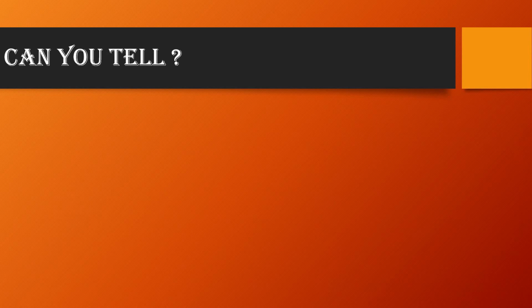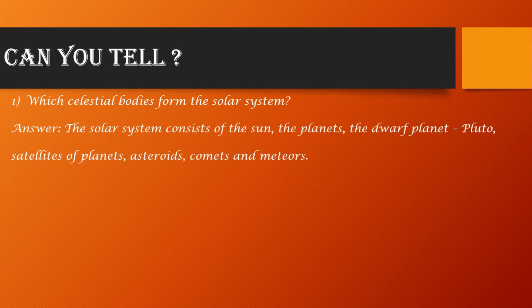Now students, can you tell which celestial bodies form the solar system? Yes, the solar system consists of the sun, the planets, the dwarf planet, that is Pluto, satellites of planets, asteroids, comets, and meteors. Now, how many planets are there in our solar system? Correct.